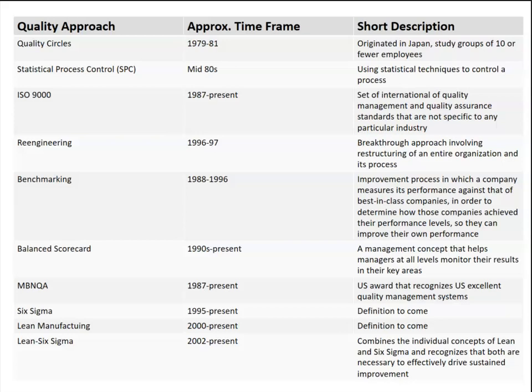Statistical process control was taking Deming's and Juran's method of using statistics to manage variation. That occurred in the mid 80s, and then ISO came about. The International Standards Organization came about in the late 80s, and that was European, Asian, and American, setting standards.